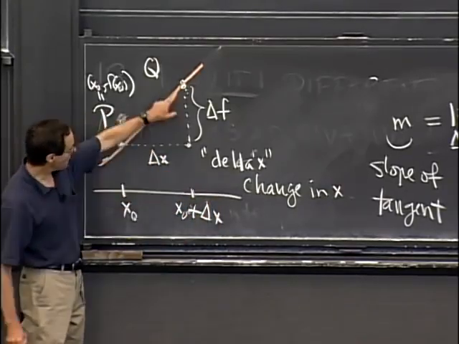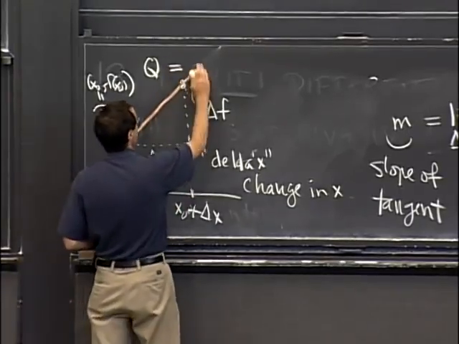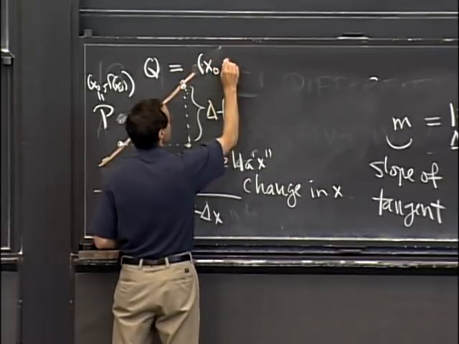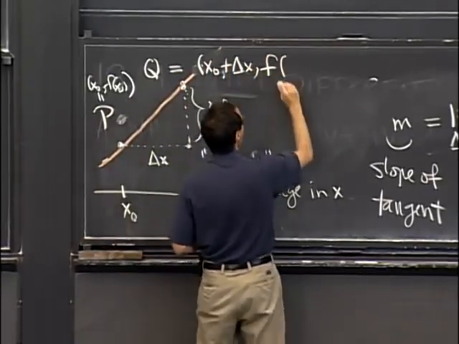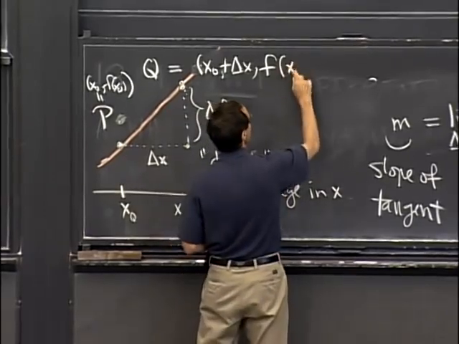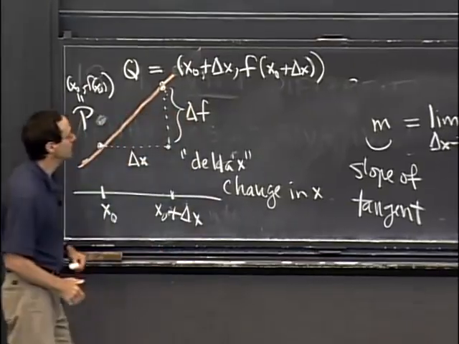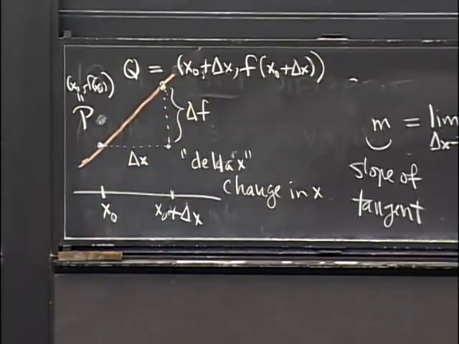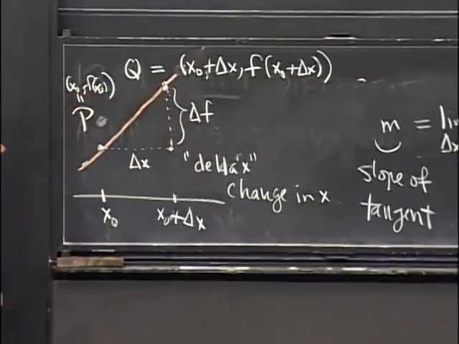And so the point above that point has a formula, which is x0 plus delta x, f of, and this is a mouthful, x0 plus delta x. All right, so there's the formula for the point Q. Here's the formula for the point P.